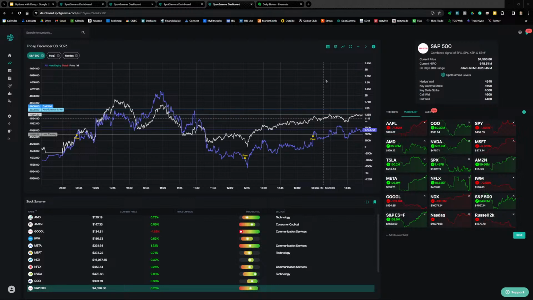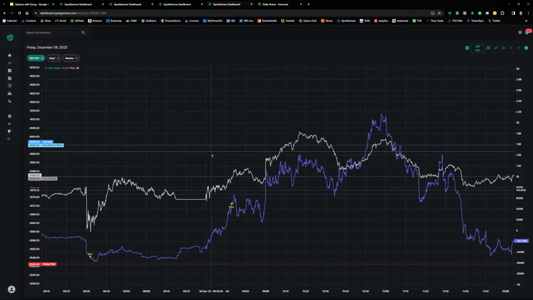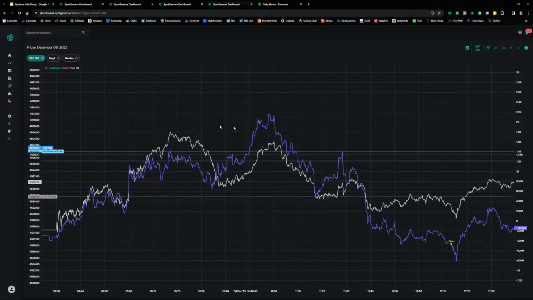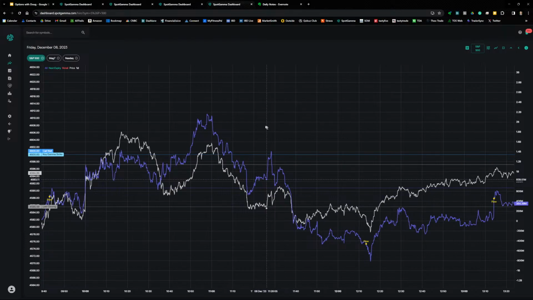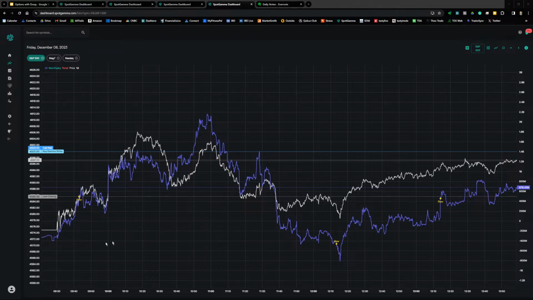All right, let's zoom in. And I'm going to zoom in. So I'm showing price action and the hero signal from the cash open at 9:30.